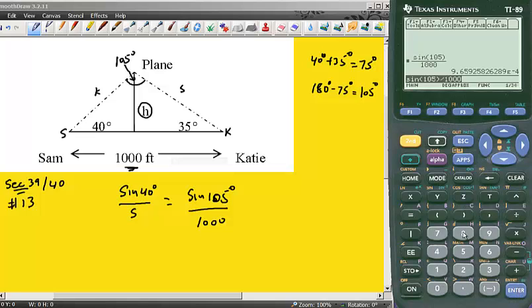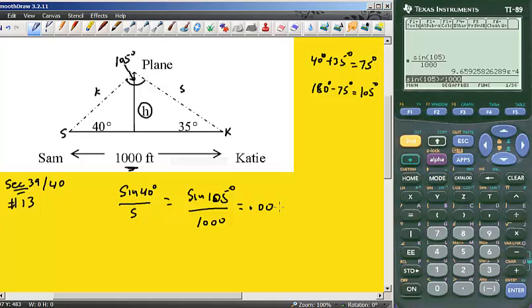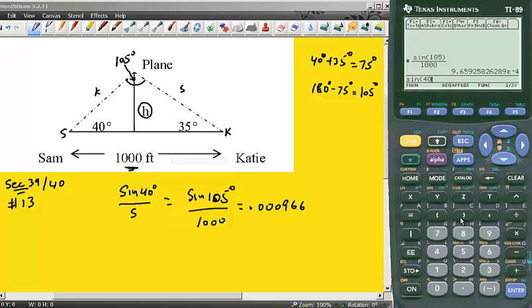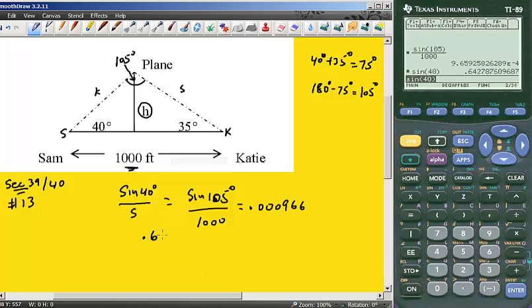We get an answer, and the right side turns out to be 0.000966. Now we have to find sine of 40 degrees, and that turns out to be 0.6428 over S is equal to 0.000966.